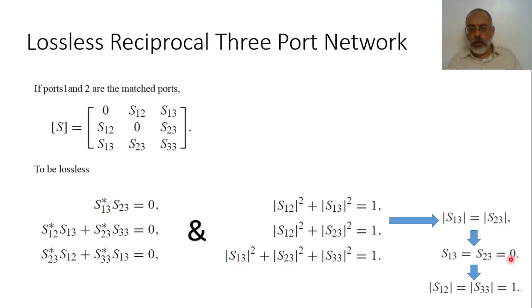Alright? Now, if S13 equals 0 and S23 equals 0, returning back to this equation, 0 plus 0 plus S33 squared, this means S33 magnitude should equal unity.